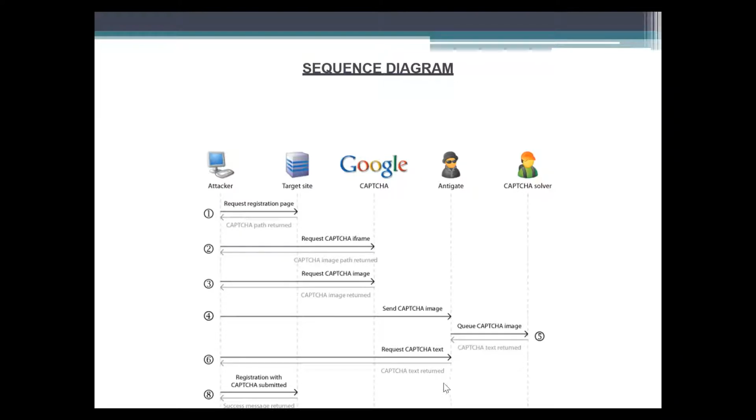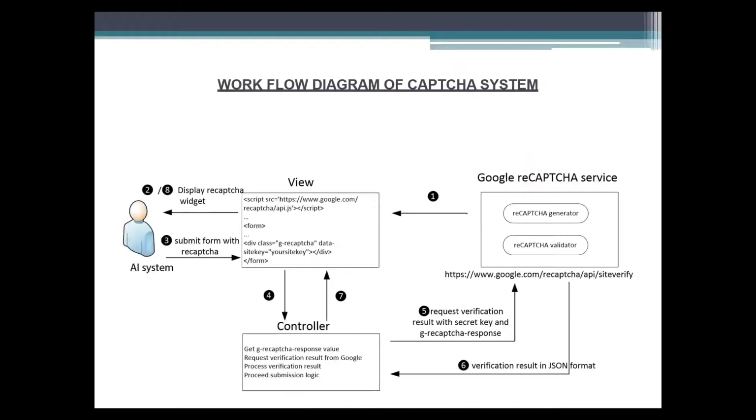This anti-gate queues the CAPTCHA image to a CAPTCHA solver, and then the requested text is decoded and sent back to the attacker. This helps them to break the CAPTCHAs and enter a secure domain while sitting at a remote location. This is the workflow diagram of the CAPTCHA system.